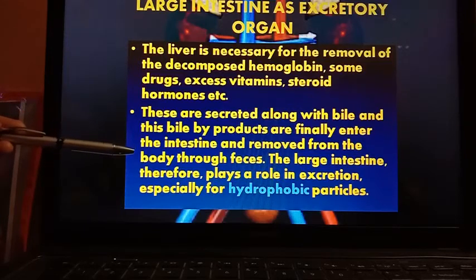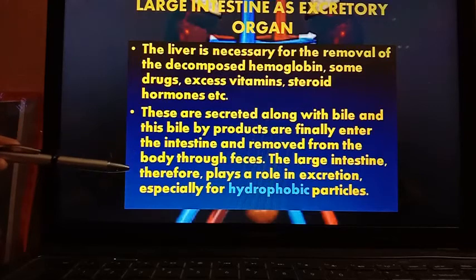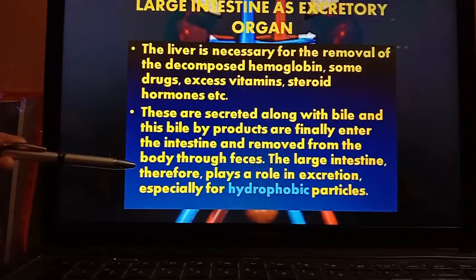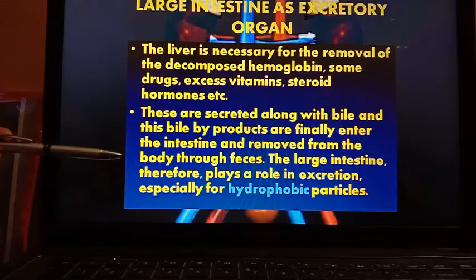The large intestine therefore plays a role in excretion, especially for hydrophobic particles. Hydrophobic means which repels water through its surface. So it helps in the excretion of this type of particles.